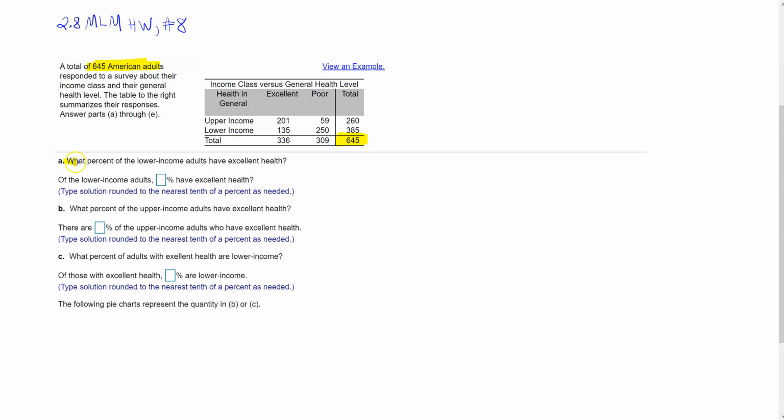And question A is asking what percent of the lower income adults have excellent health? So let's use our template. So we're being asked what percent of, we don't know, so I'm going to put an X there, of who? Of the lower income adults. So that's my reference value, is just the lower income adults. So I'm only going to look at lower income. I'm only going to look at adults in this row, but then I'm going to focus in on the lower income adults that have excellent health.